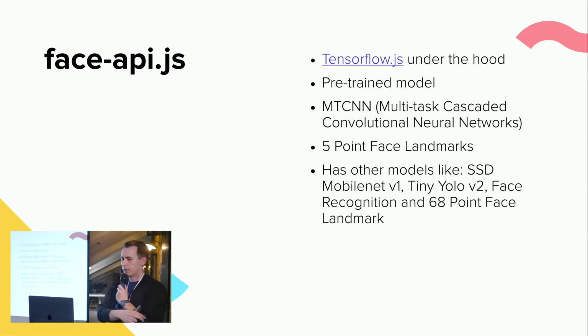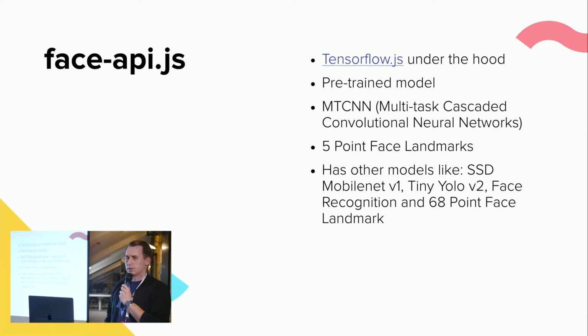So face-api.js uses TensorFlow.js, which is machine learning written in JavaScript. In this method, we use a pre-trained model, the MTCNN model, so multitask cascaded convolutional neural network. Very complex, very complicated stuff, right? And this MTCNN provides us 5-point face landmarks, so we get the position of our eyes, nose and mouth.